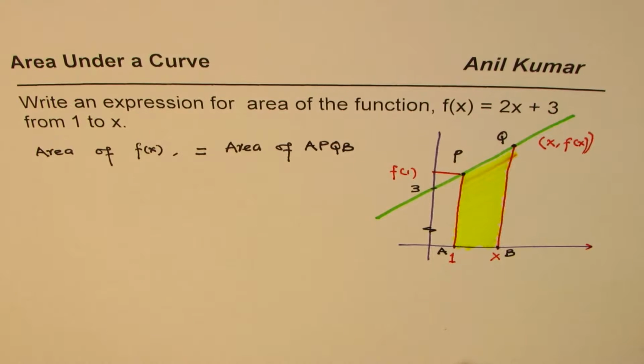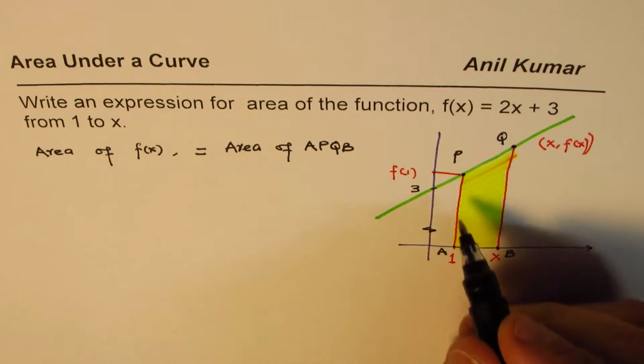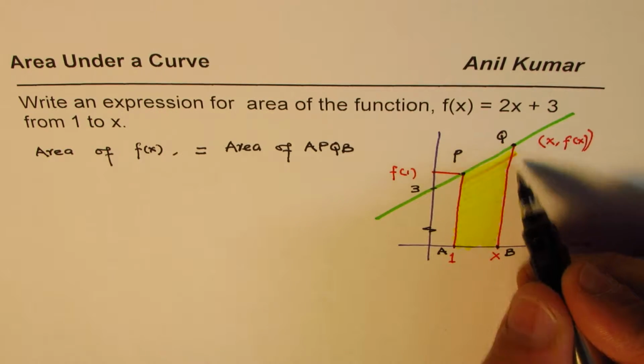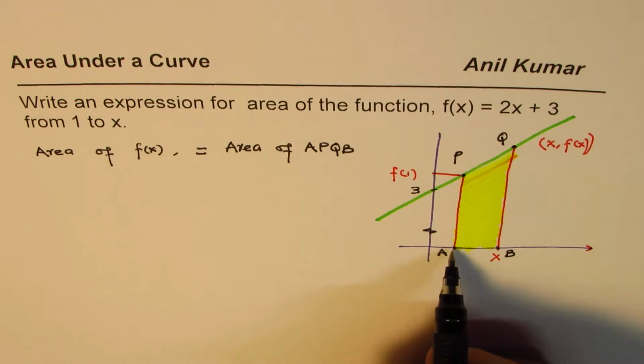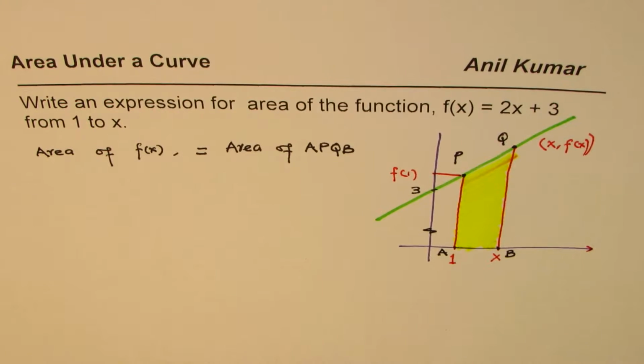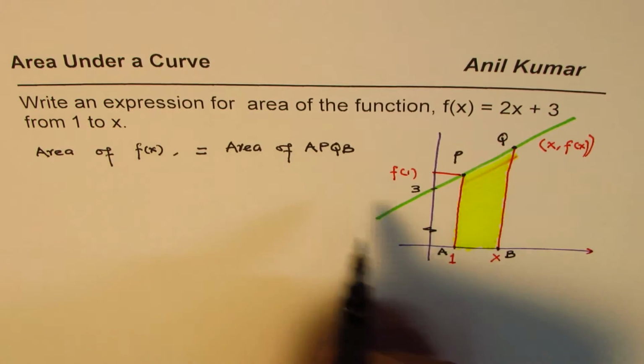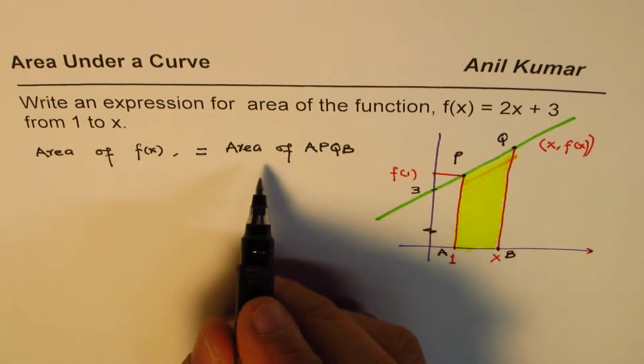correct? So that is a trapezoid where the parallel sides are PA and QB, and the height of this trapezoid is from A to B, that is x minus 1, right? So we can use all those things.